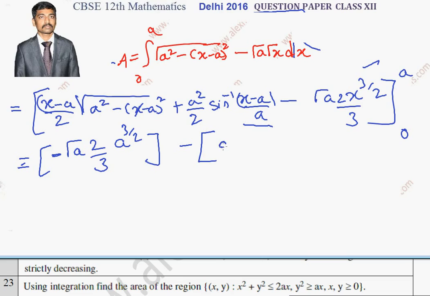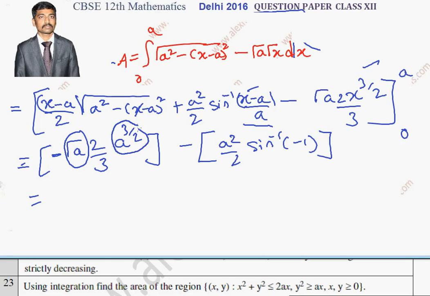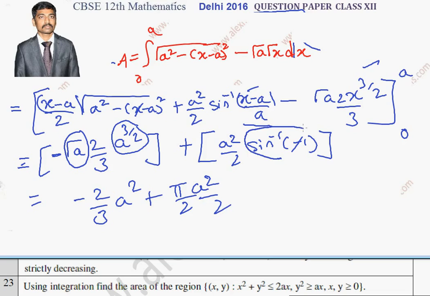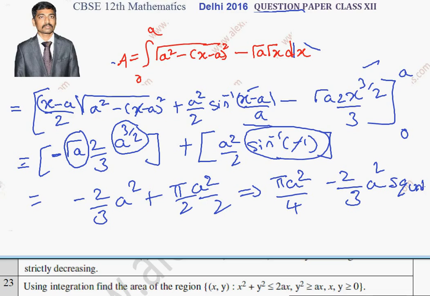Only this will be remaining, that is a square by 2 sin inverse, when this is 0, sin inverse minus 1, and the other part is also 0. So totally this power half and 3 by 2 if I add, it will become 2. So minus 2 by 3 a square, this will become plus now. So plus pi by 2 into a square by 2, because sin inverse 1 is pi by 2. So totally the answer is pi a square by 4 minus 2 by 3 a square units.